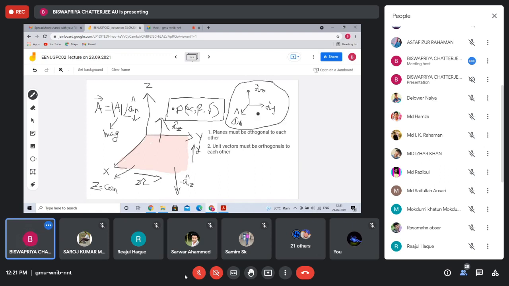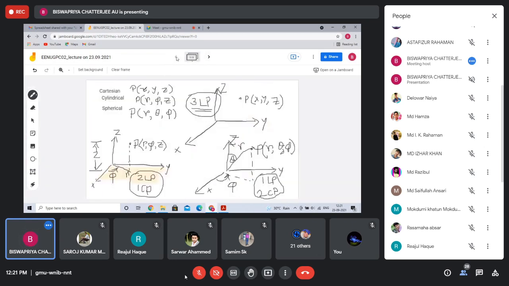So in case of a Cartesian system, a x, a y, a z, these three unit vectors are orthogonal and they will be directed along the positive directions of the respective variable. a x is directed along the positive x direction, a y is directed along the positive y direction, and a z is directed along the positive z direction.